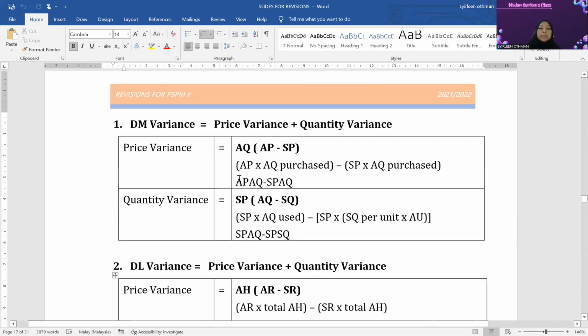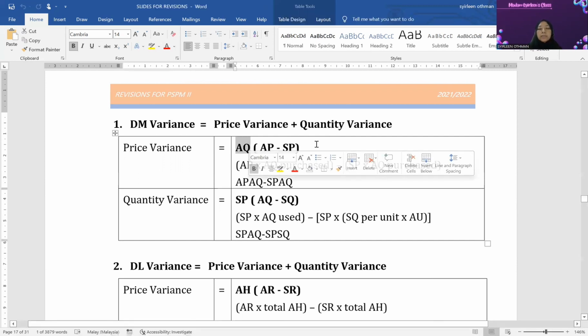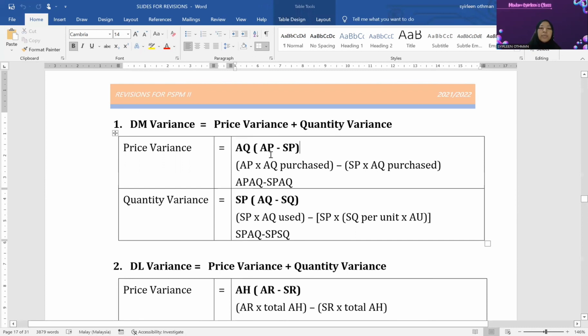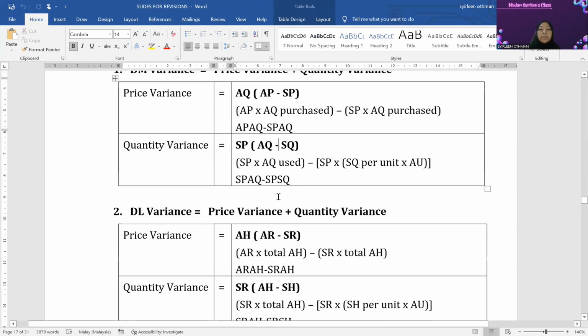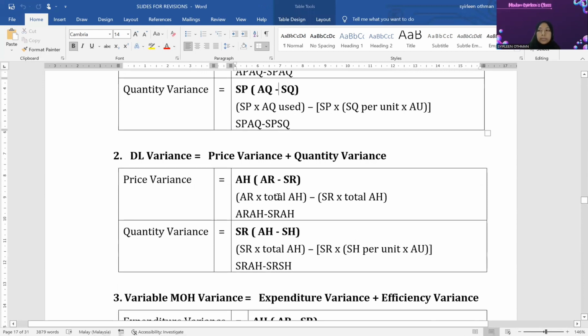Let's say you only memorize AQ multiplied by (AP minus SP), but you also need to know that when we expand the formula, you'll get APAQ minus SPAQ. This is what you are actually using for your matrix method as well. Some of you are more comfortable using the matrix method, but some students are more comfortable using the formula. It doesn't matter as long as you get the answers correct.